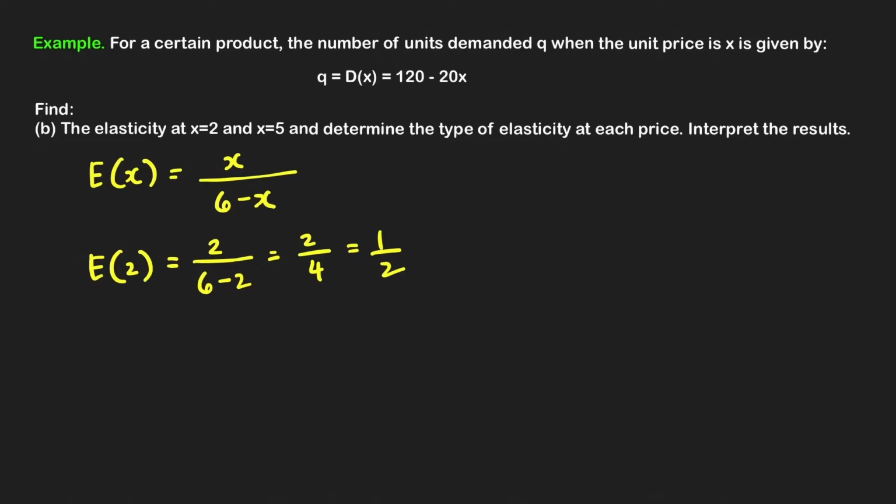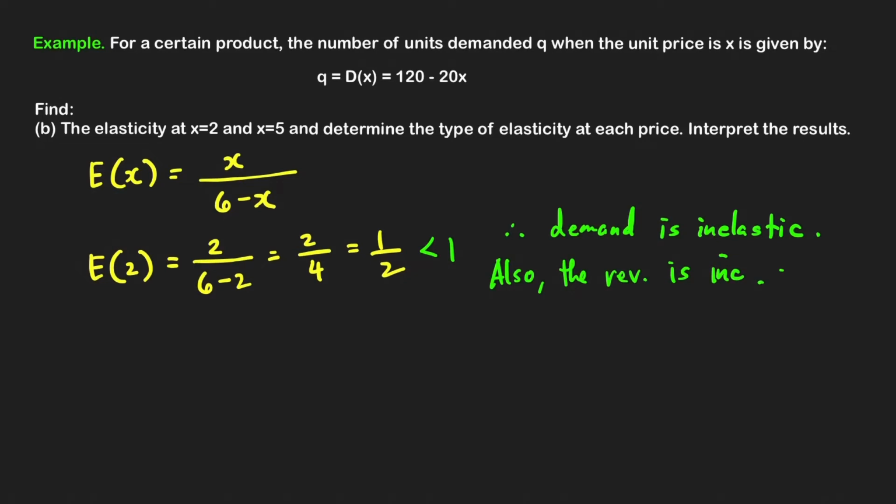Since the elasticity at the price 2 is less than 1, we conclude that the demand is inelastic at this price. Also, this means that the revenue is increasing at X equal to 2.